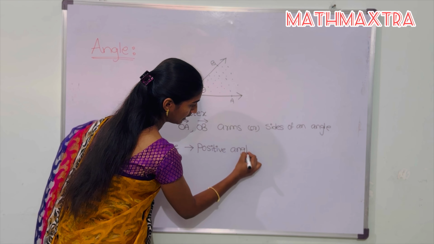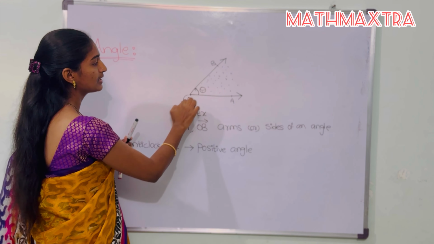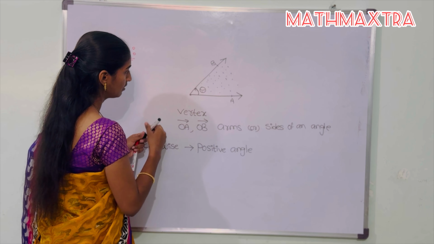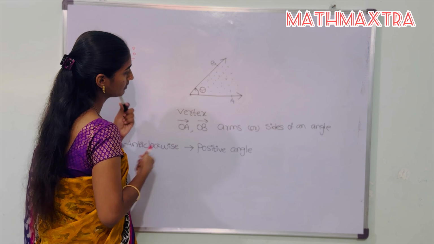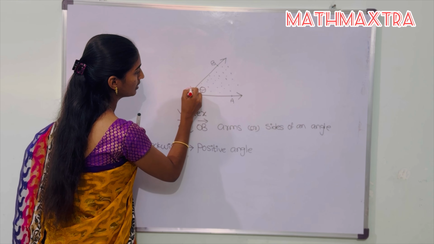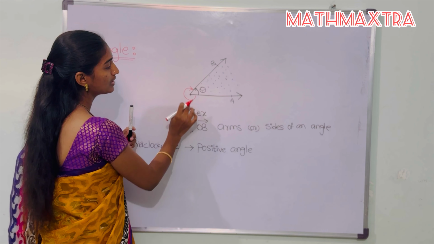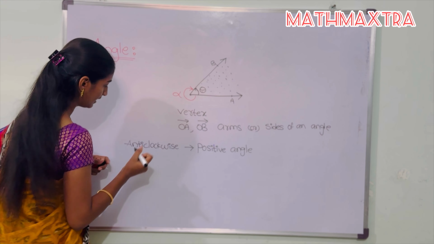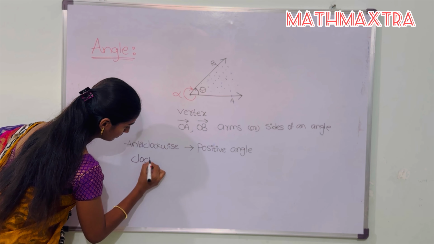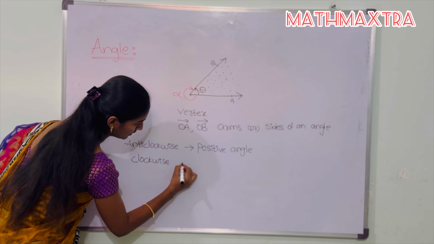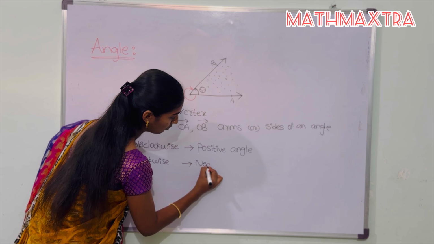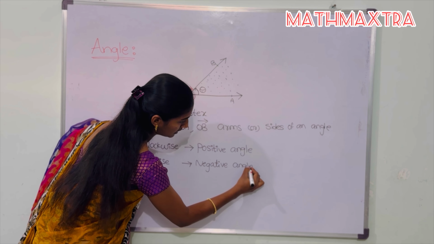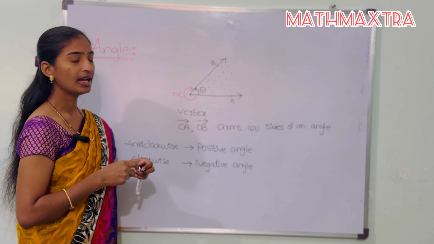If we measure it in the clockwise direction, we are measuring like this, then we call it a negative angle. This is one type of classification of an angle.